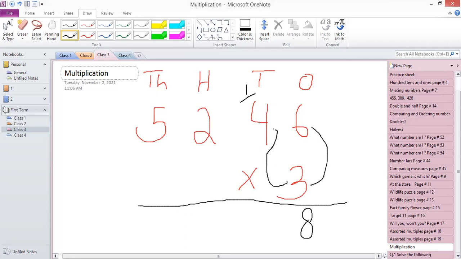Now you will multiply this 3 by 4. So 3 multiplied by 4 equals what, guys? 12, but the answer is not 12. Add 1, it will be 13. 13 has 2 digits, 3 and 1. 3 we will write here, 1 we will regroup with the hundreds.